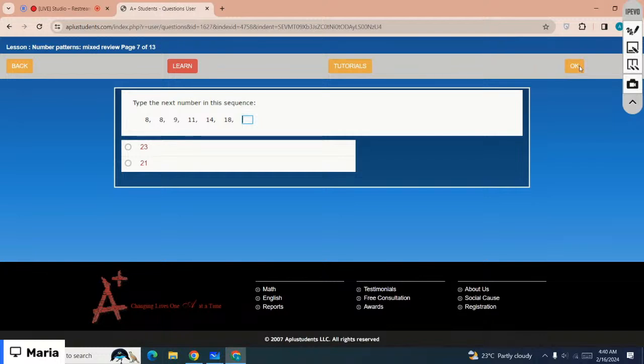Type the next number in the sequence. So which is the next one in the sequence?